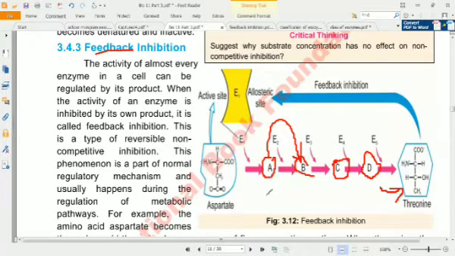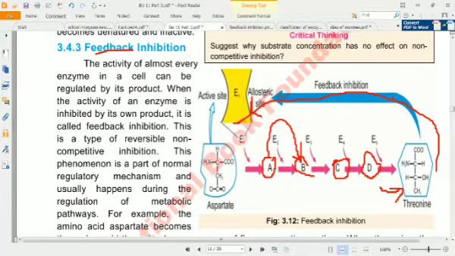Enzymes just catalyze the reaction up to the requirement. When lots of threonine is produced and it is more in number, these products move to the allosteric site of the enzyme and bind with it. When the product binds at the allosteric site, the substrate which has to be changed into threonine will not be able to bind with the active site of enzyme E1, aspartokinase.